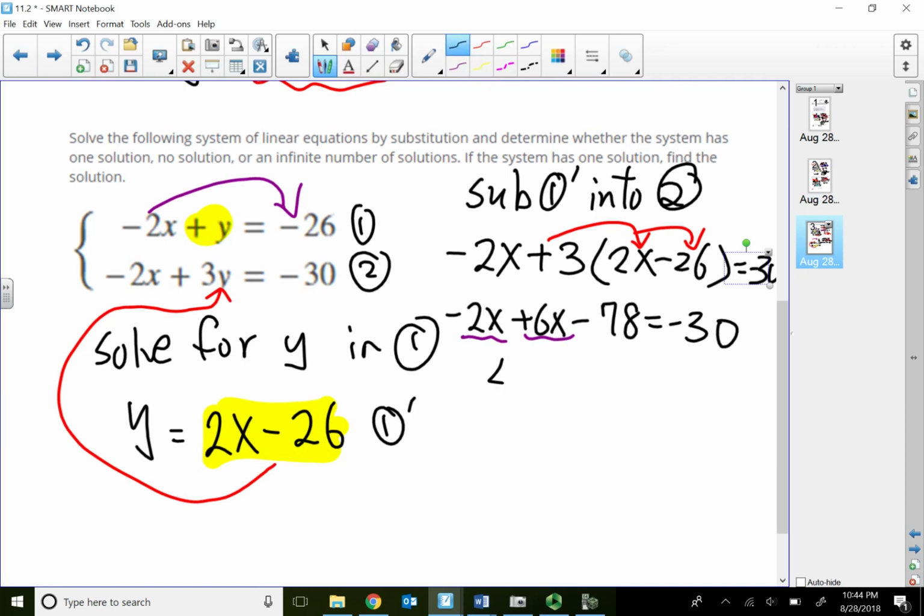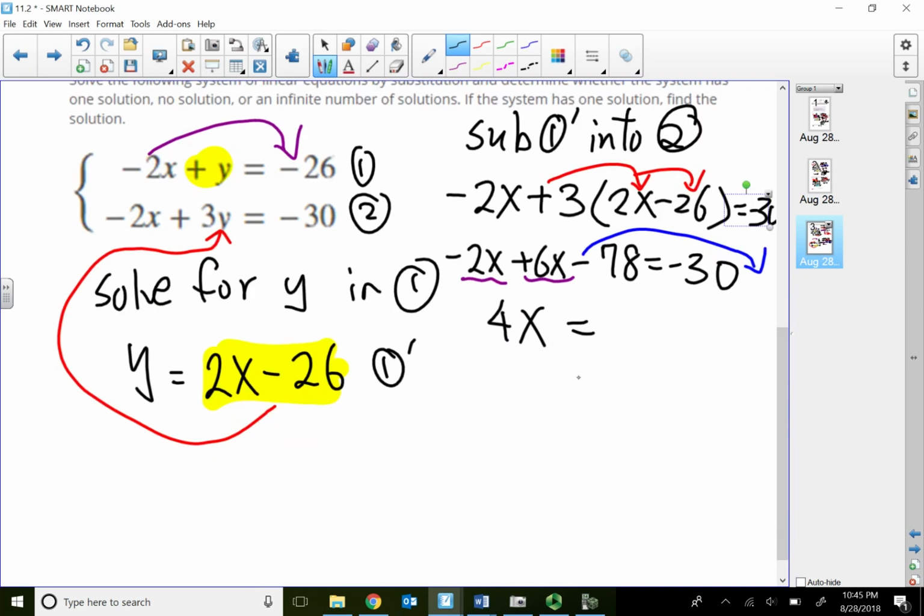So that gives me 4x. At the same time, I know this is a positive 4x on the left side, so I'm going to make my variable term stay here. That means that negative 78 has to be moved over and become positive. As you can notice, I'm beginning to eliminate certain steps, because the more I write on the video, the scarier this thing is going to look.